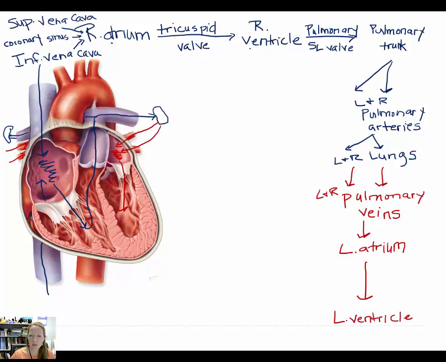So you see how it passed through a door, it passed through a valve. And remember, this is on the left side of the heart, and it's in between the atrium and the ventricle. So this one is going to be your bicuspid valve. And remember that you can also call it the mitral valve, whichever one that you want to refer to it as.